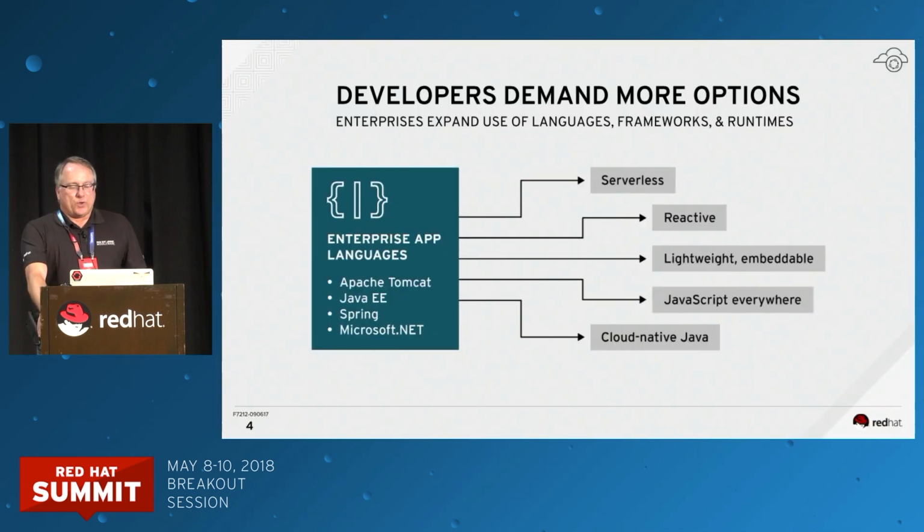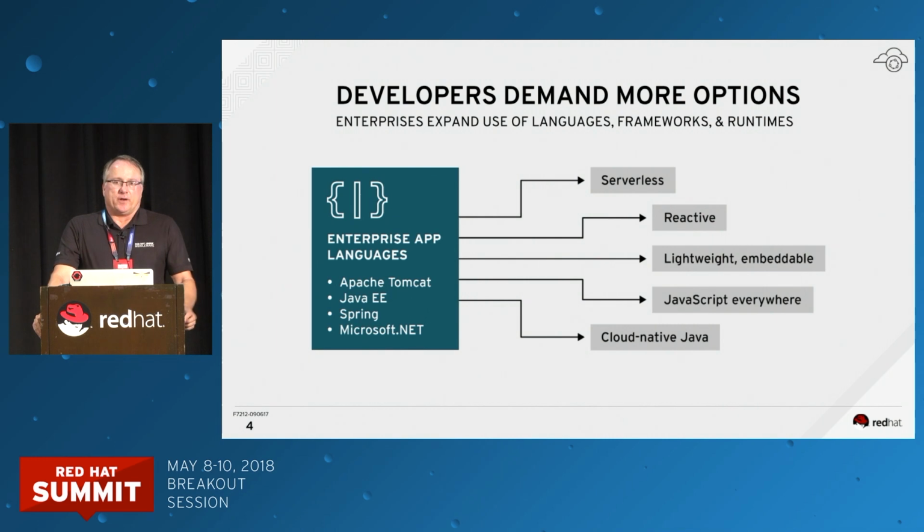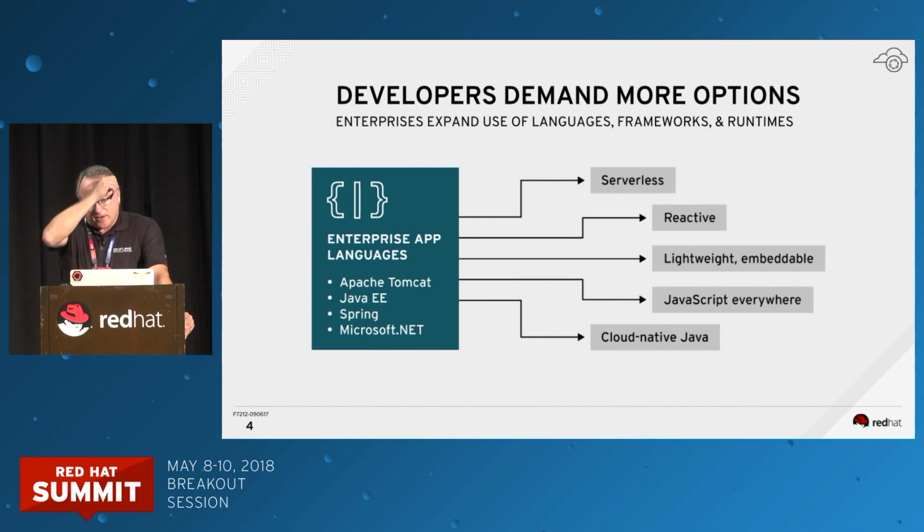So with the advent of the cloud, because it can run any kind of runtime, developers are doing just that. The traditional selection of runtimes, again, Spring, Java EE, Microsoft .NET, developers don't feel constrained into these environments anymore. What they want to do is leverage the features and capabilities of these various runtimes in the areas where they're going to provide the best value.